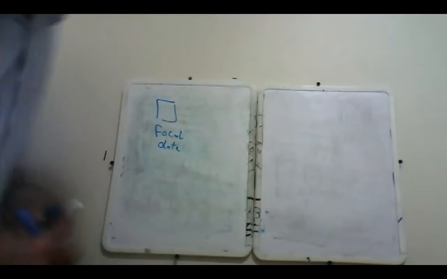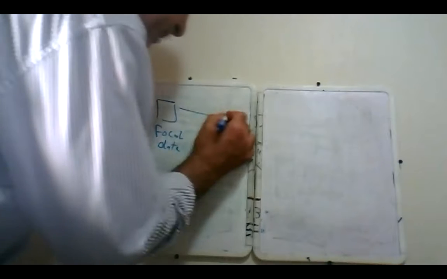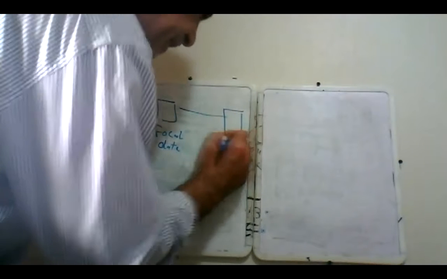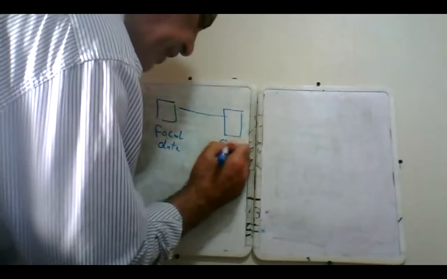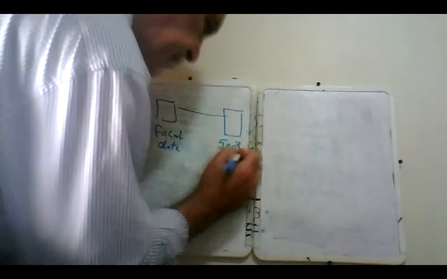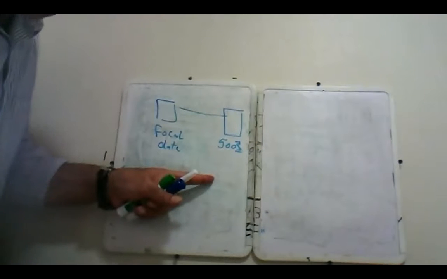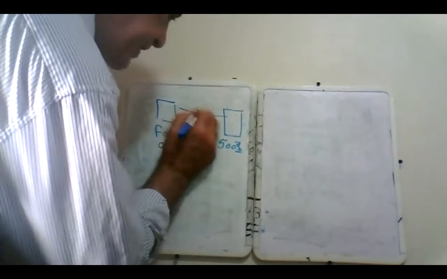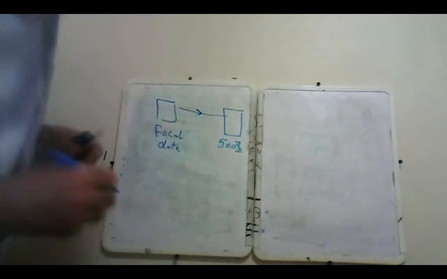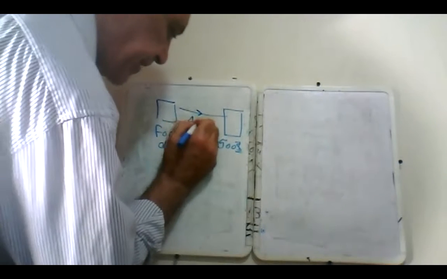And we have two amounts. We have to pay, for example, we took $500 from the bank, and this $500 is due after 4 months. This period is 4 months.